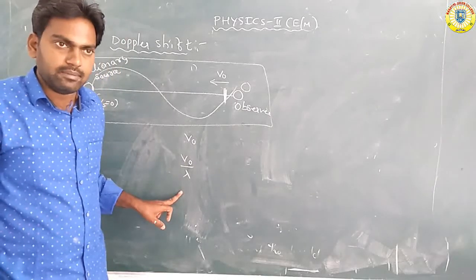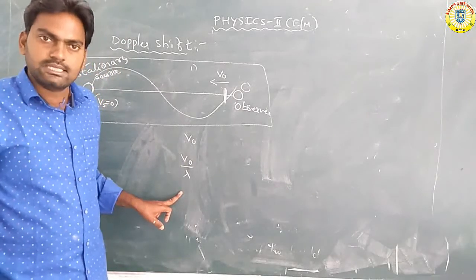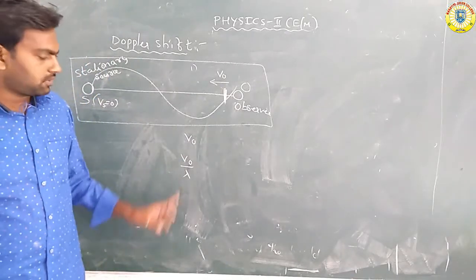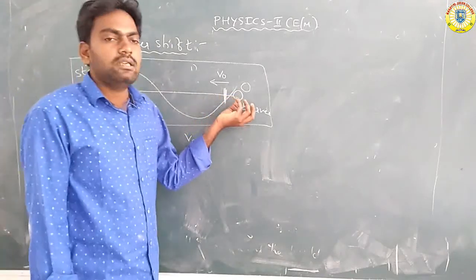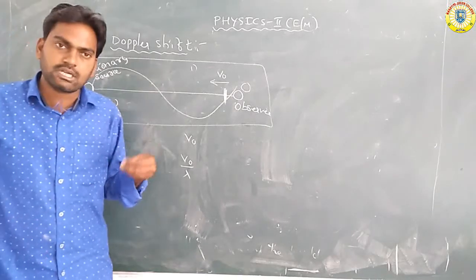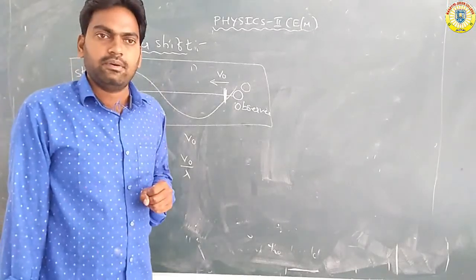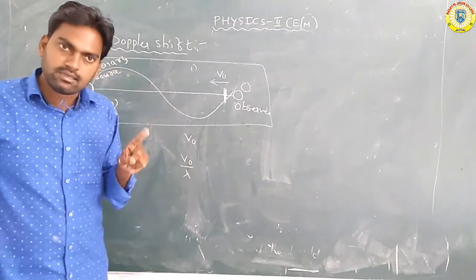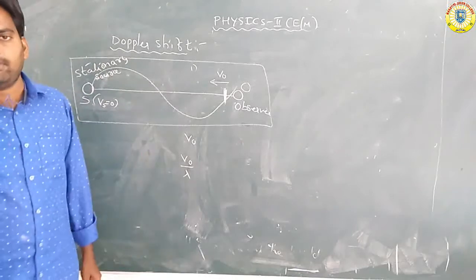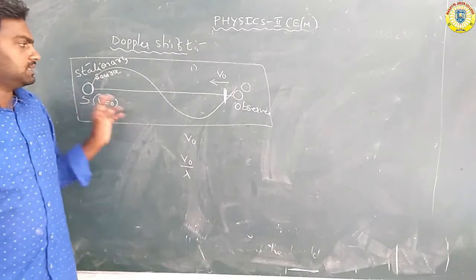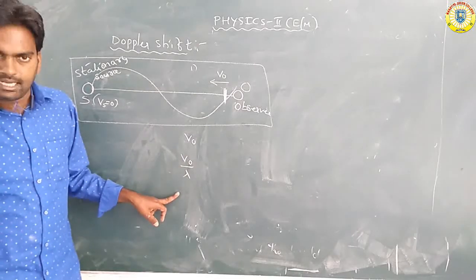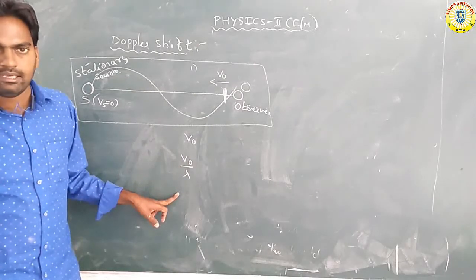Now, this understanding is needed first of all: the observer is moving towards the stationary source, so the number of extra waves received in 1 second, for the movement in 1 second v naught, is v naught by lambda. You can write it in mathematical form as v naught by lambda. Out of the total lambda, some distance is traveled, so v naught by lambda. Okay, v naught by lambda.